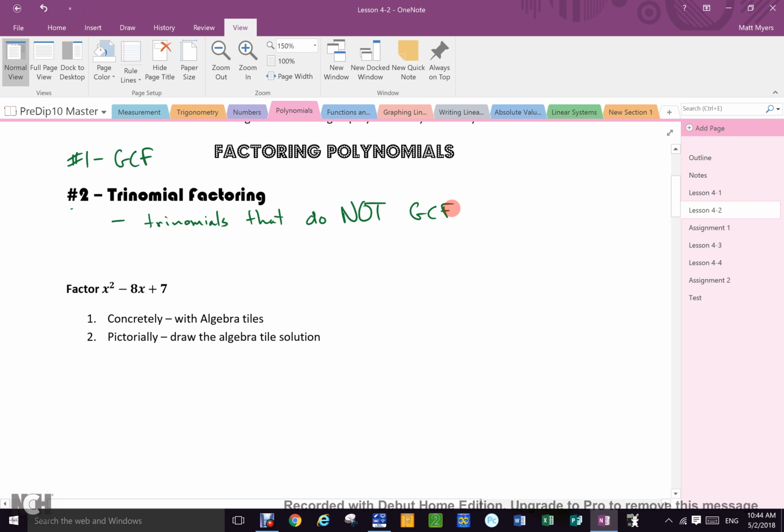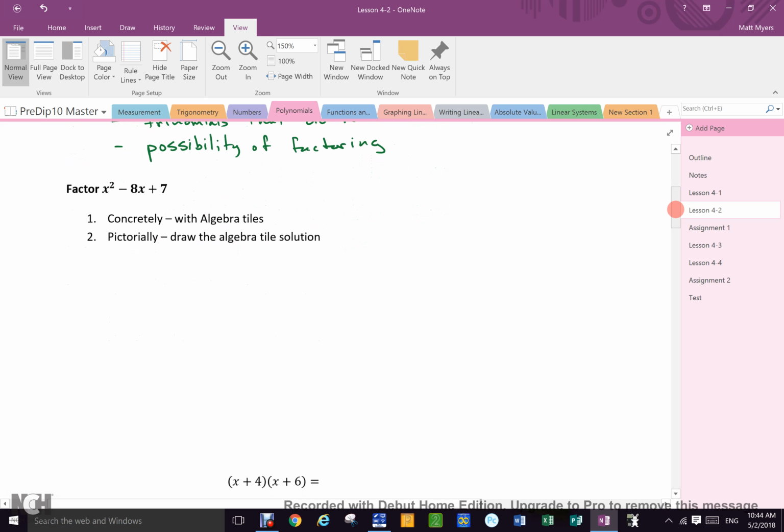Anytime you have a trinomial that does not GCF, you have the possibility of factoring. Now, again, we will start with our algebra tiles.